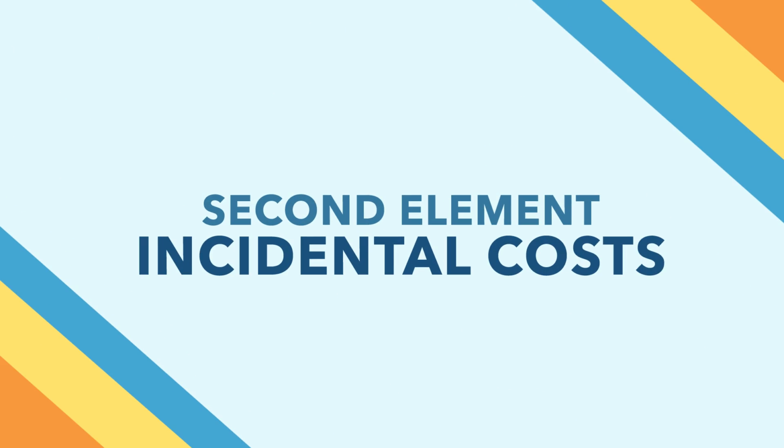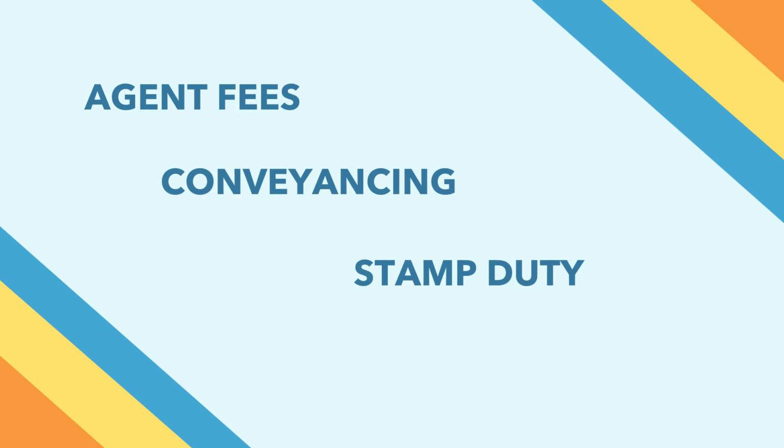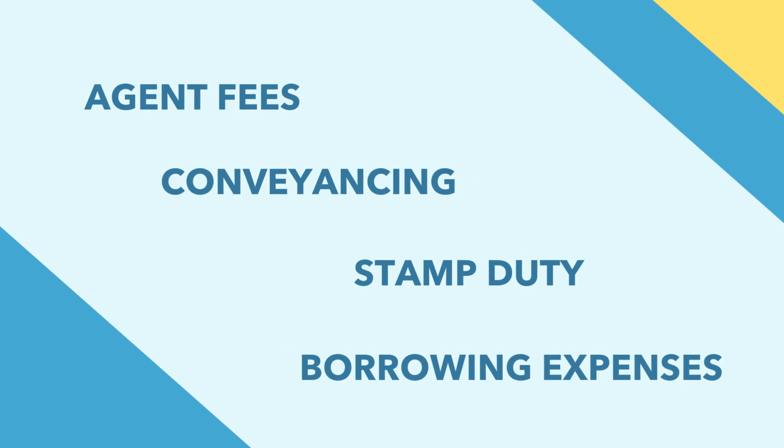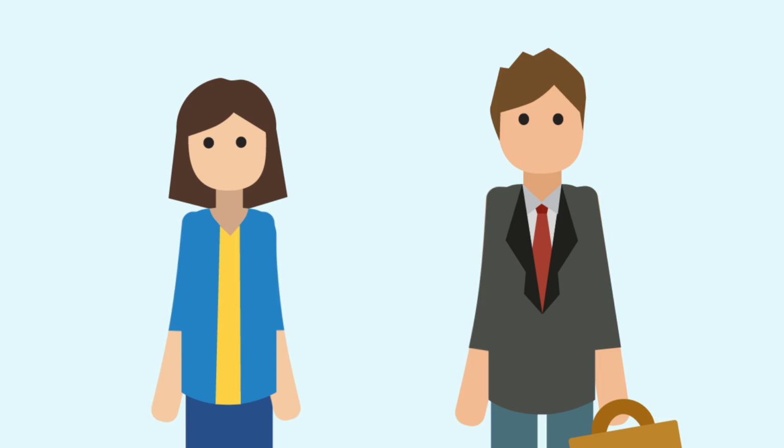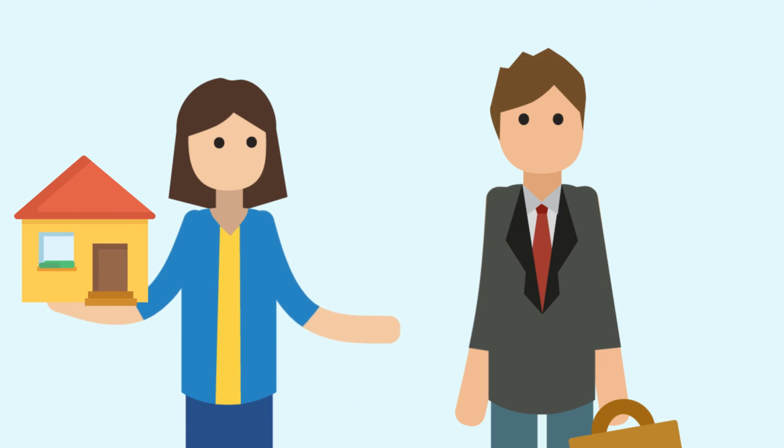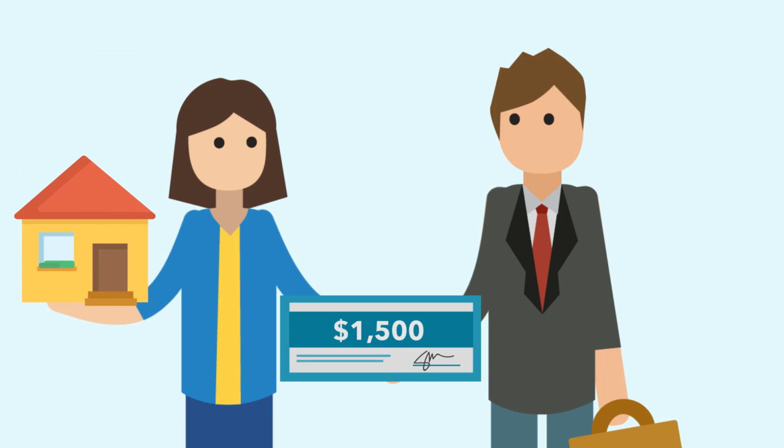The second element is incidental costs you incurred in relation to the CGT asset or the CGT event. Some examples include agent fees, conveyancing, stamp duty, and borrowing expenses. When Ms. Smith purchased the house, she paid a lawyer $1,500 for conveyancing.